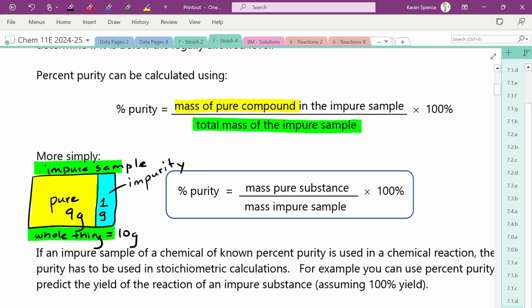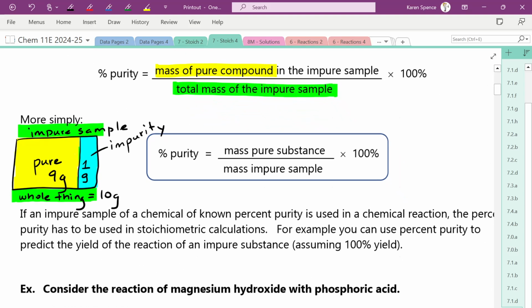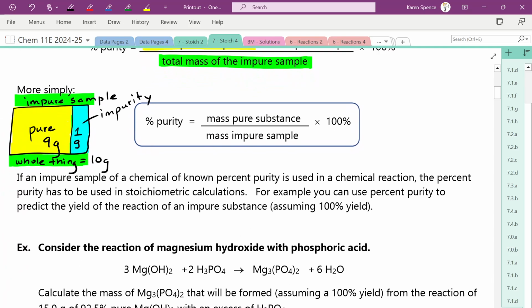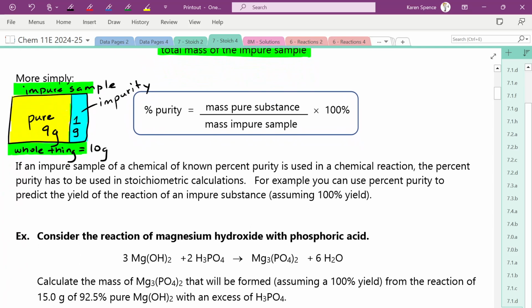If an impure sample of a chemical of known percent purity is used in a chemical reaction, the percent purity has to be used in your stoichiometric calculations. So if you have a reactant that's only 90% pure, you're only going to get 90% of the product that you think you're going to get.